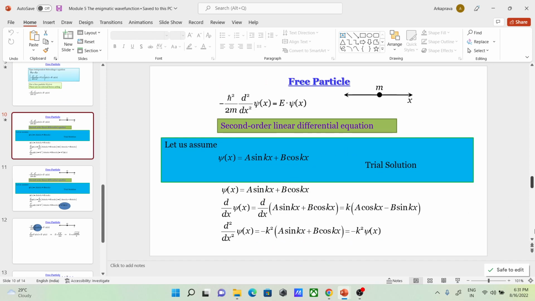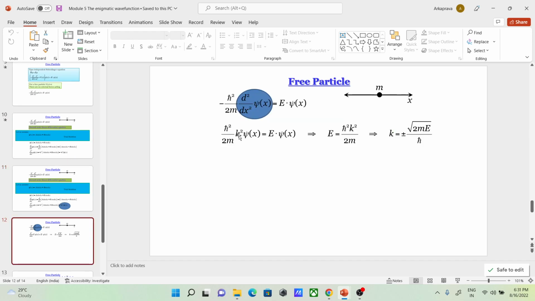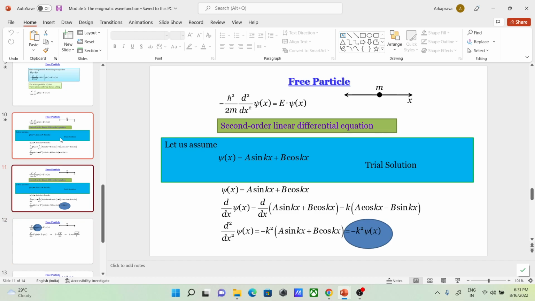With that only we could go. So energy, there is no bound on energy, as we already saw in the first question. A sin kx plus B cos kx.